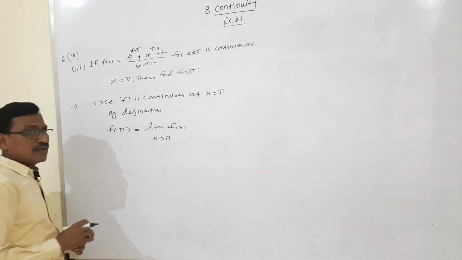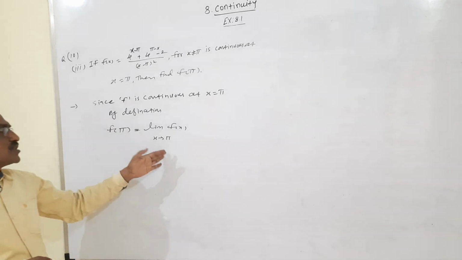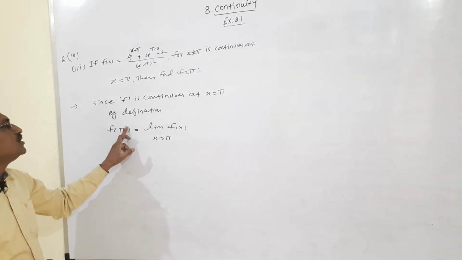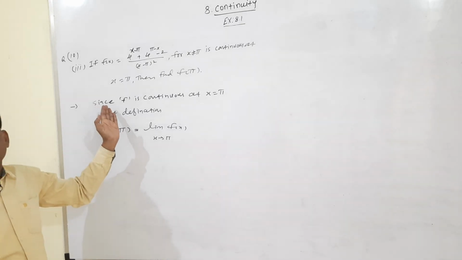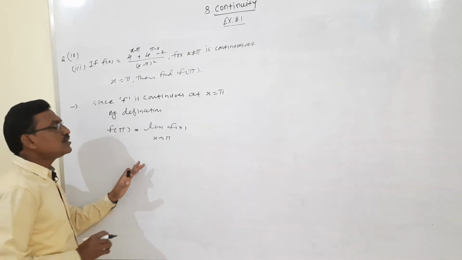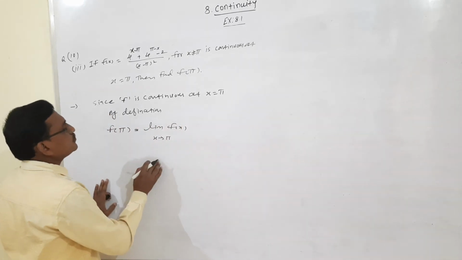It means that if the limit of that function is equal to the function value at that point, then the given function is continuous. So we are given that the function is continuous at x equal to pi. That's why we apply the limit to that function as x tends to pi.